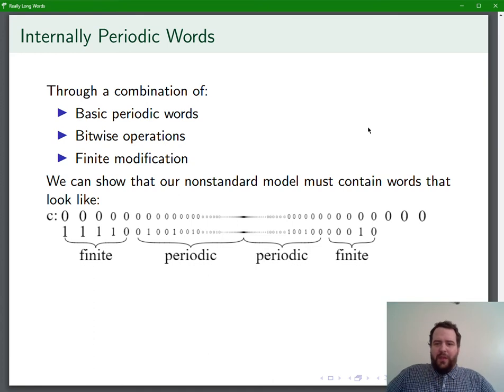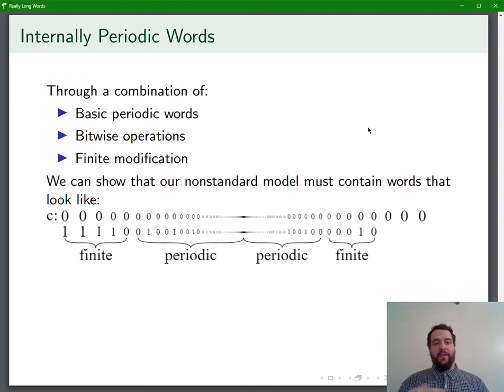So what do the words of these models look like, right? What does our whole non-standard model look like? Well, if we combine basic periodic words, right? So these words that start out with a particular configuration and then are periodic of some finite period n. And you can use bitwise operations to combine these periodic words together in various ways.